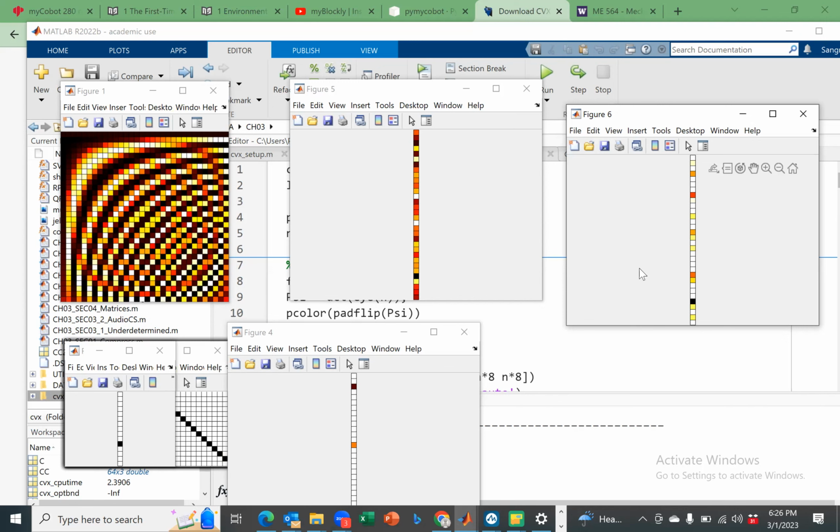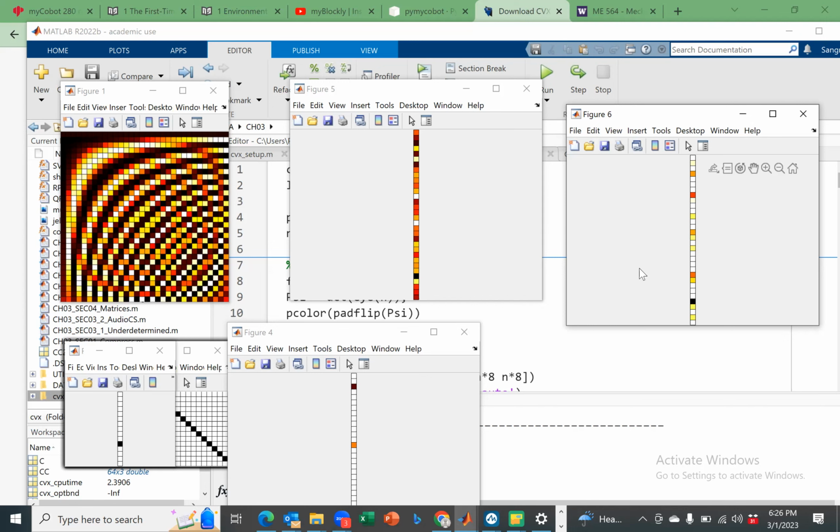Weight is 0. Weight is 0. So now what I have is a sparse solution that is able to reconstruct the original image. So basically, this gives you a visual representation of the solution.